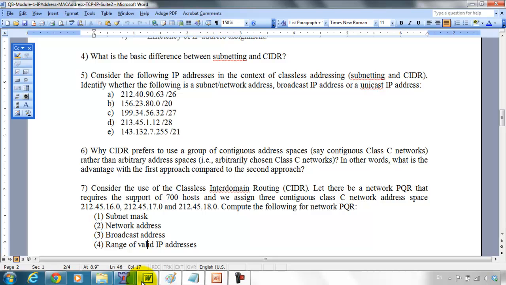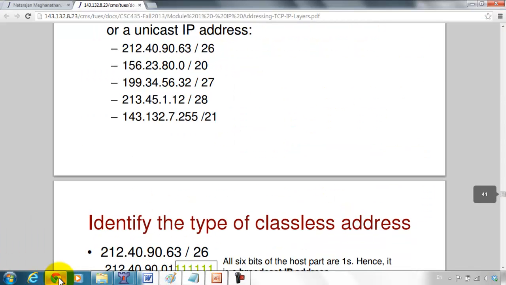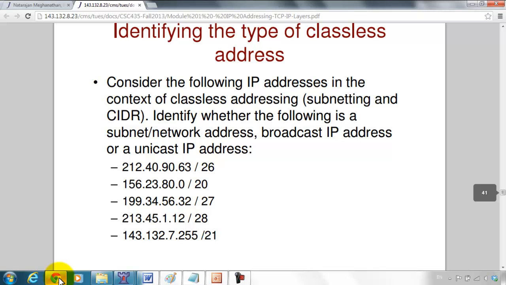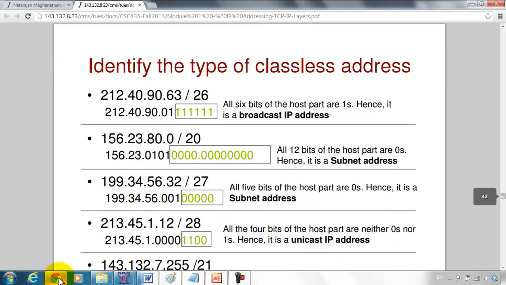And so let's do this example where you want to identify the type of IP addresses based on classless addresses here. So 212.40.90.63/26. So the 26 indicates the network plus subnet part.